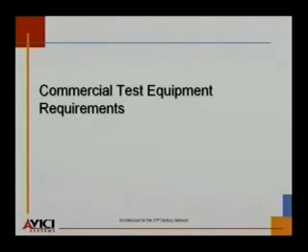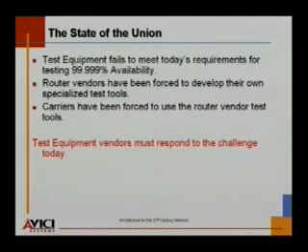So now, having reviewed the 5 components of a test program to achieve high availability, let's actually look at the commercial test equipment requirements. What is the state we're in now? I actually believe, after getting much input from all the test equipment vendors for this presentation, no single piece of test equipment actually meets the requirements to do all this testing.